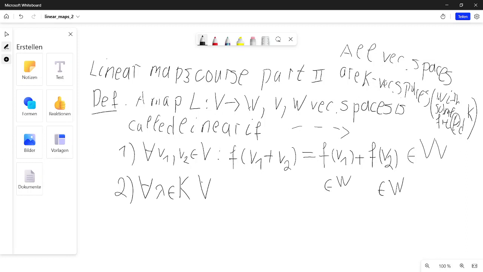So for all lambda in K, for all v in V, we have that L of lambda v, this scalar multiplication in V, equals lambda times L of v, and this is of course scalar multiplication in W. Right, this is also compatible with the scalar multiplication. This is such a map that is compatible with addition and compatible with scalar multiplication. This is all what we have to know about linearity.